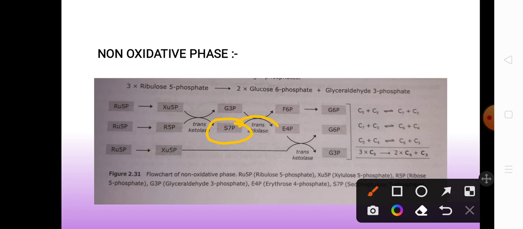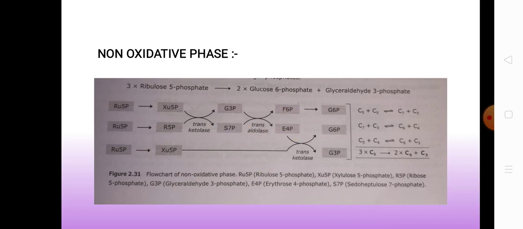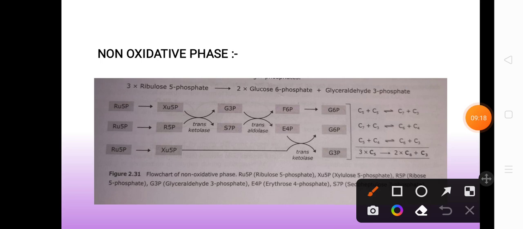So from sedoheptulose 7-phosphate, transaldolase is taking a 3-carbon containing molecule, and after donating it, sedoheptulose will convert into an aldose. The 4-carbon containing aldose is erythrose 4-phosphate. And as 3 carbons are transferred to glyceraldehyde 3-phosphate, it becomes a 6-carbon containing ketose, that is fructose 6-phosphate. Understood? That is the thing going on here. Now fructose 6-phosphate will convert into glucose 6-phosphate, and as it is an isomeric change, obviously the enzyme here is isomerase.